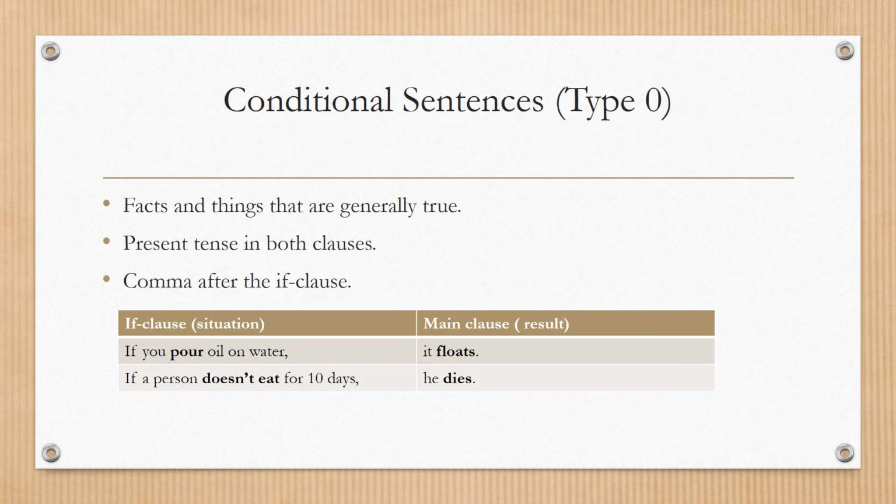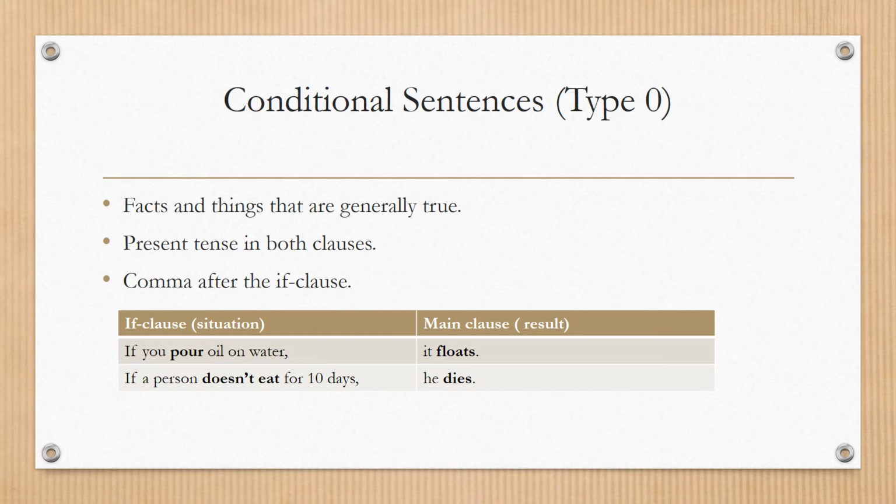Same case in the second example. If a person doesn't eat for 10 days, he dies. This is, of course, a generally truth. If a person doesn't eat for a few days, of course, he dies. So we use conditional sentence type 0 to talk about this condition.